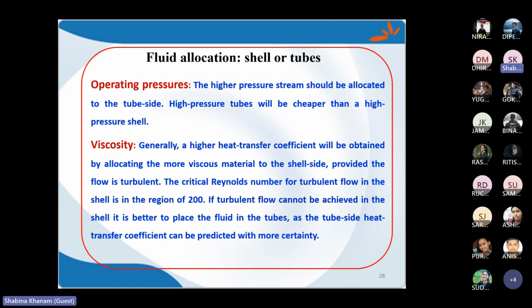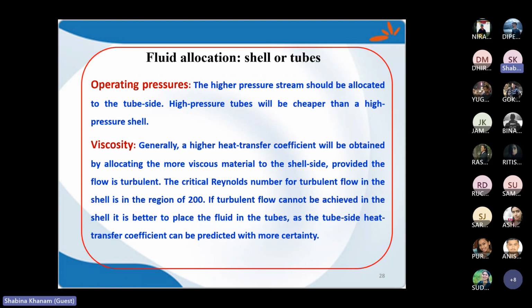So if you have Reynolds number more than 200, allow the viscous fluid to move in shell side, not in tube side. If turbulent flow cannot be achieved in shell side, it is better to place the fluid in tube, as tube side heat transfer coefficient can be predicted with more certainty.